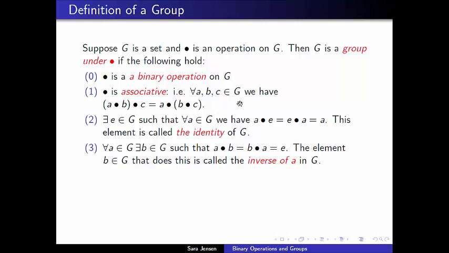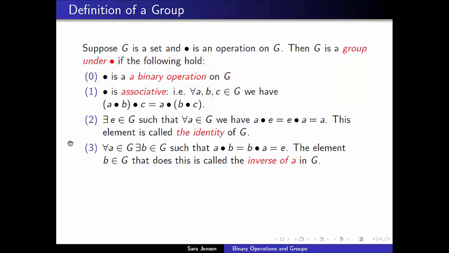Now the pauses there were to indicate where the parentheses are in this equation. Notice that although the parentheses have changed location from the left-hand side of the equality to the right-hand side of the equality, the order of the letters has stayed the same. And that's a very important thing, which also we will talk about in a moment.